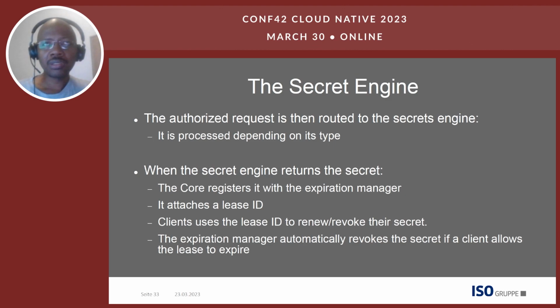It can cover various tasks, but at its core, it will be used to return the secrets. And once it returns the secret, the core will register it with the expiration manager. It may attach a lease ID to it, and the client will use this lease ID to renew or revoke their secrets. If the client ever allows that lease to expire, the expiration manager will automatically revoke that secret.